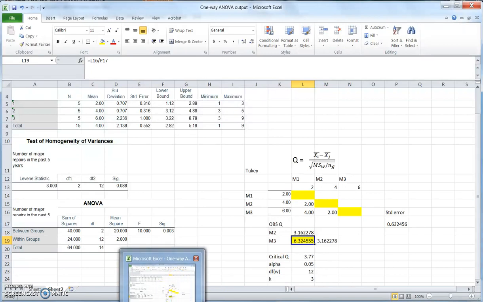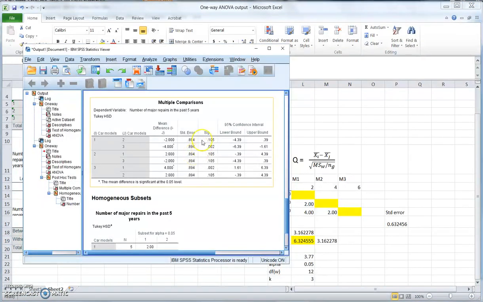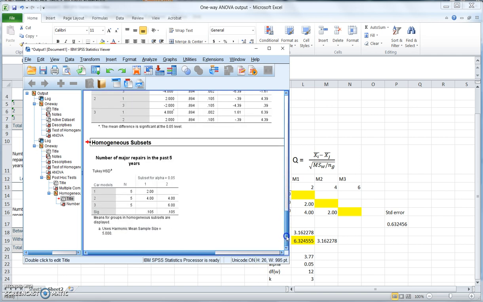If we look at the comparison here, you are trying to compare the p-value, the significance value, with your alpha. Look at the significance value. The only pair that has a significant difference, which means a p-value lower than alpha, is between model 1 and model 3. The other two pairs, model 1 versus model 2 and model 2 versus model 3, do not have a significant difference. Okay?